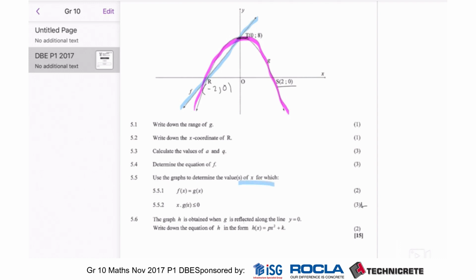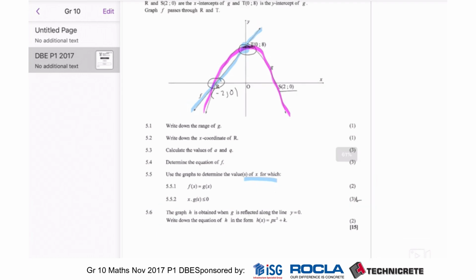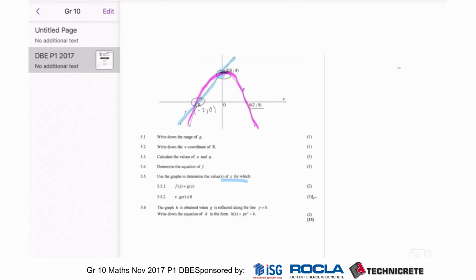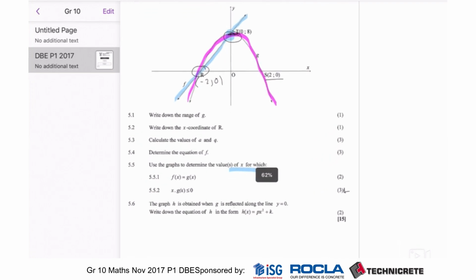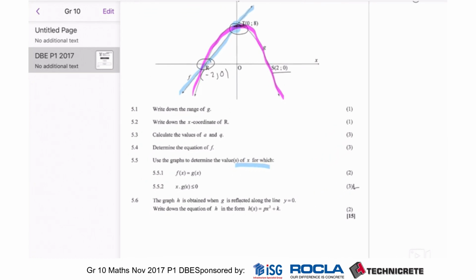They touch at this point where x is 0, and they touch at this point where x is negative 2. So this is 5.5. This is how you would write it: x is equal to negative 2 or x is equal to 0.